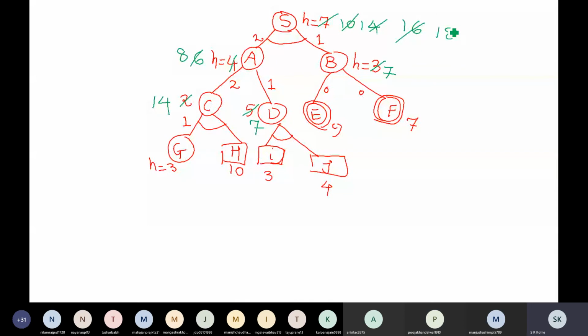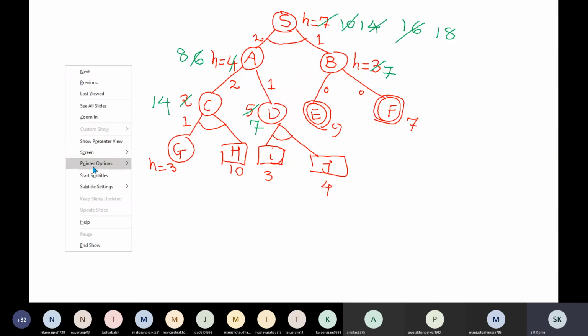What about now next? Oh, labeling. In between that, you have performed labeling also. So how labeling will take place? Find out.